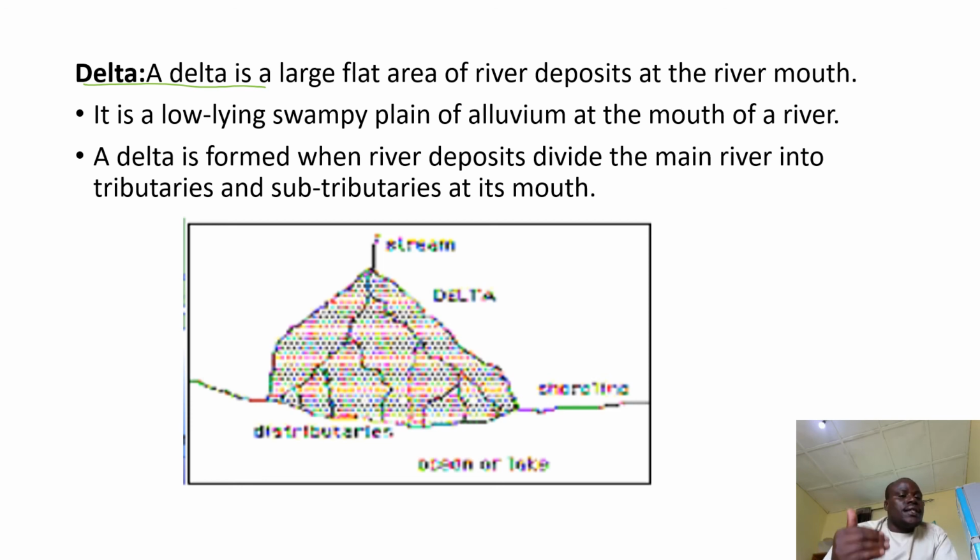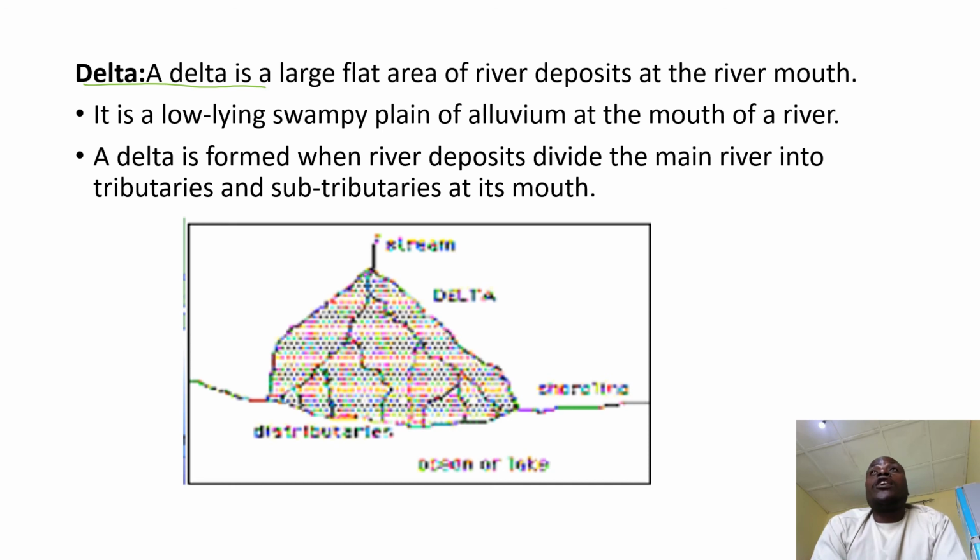It deposits its materials on its mouth, and these materials separate the water of the main river into other smaller channels, just like braided channels form. Then the feature formed is called a delta.